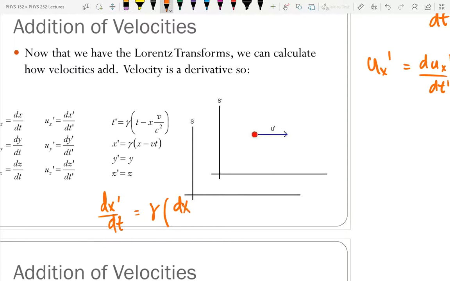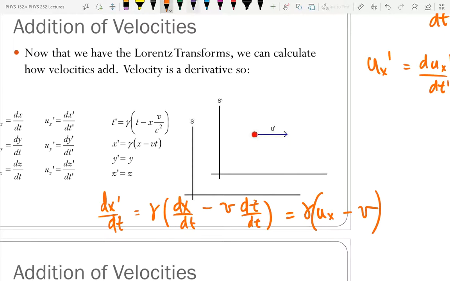But I'm going to have dx/dt here, whatever that is, minus v. Well, what's the derivative of time with respect to time? 1, right? So there's dx prime/dt. Notice I replaced dx/dt with ux.